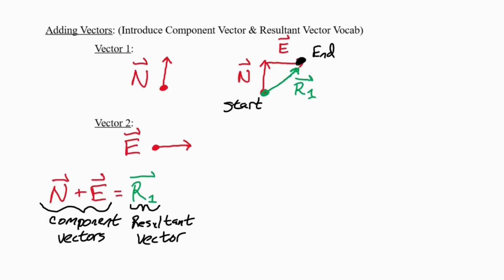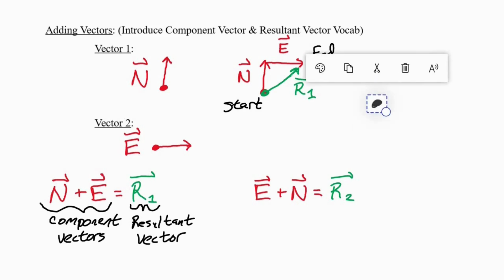Okay, so let's do another example. All right, so let's change this up a little bit. It's not that much of a change, but nevertheless. We're just going to say vector e plus vector n is equal to resultant vector number 2. Okay, so, once again, if we're going to be looking at these like they're instructions, let's move our dot around. So the very first instruction tells us to move our object e, vector e.